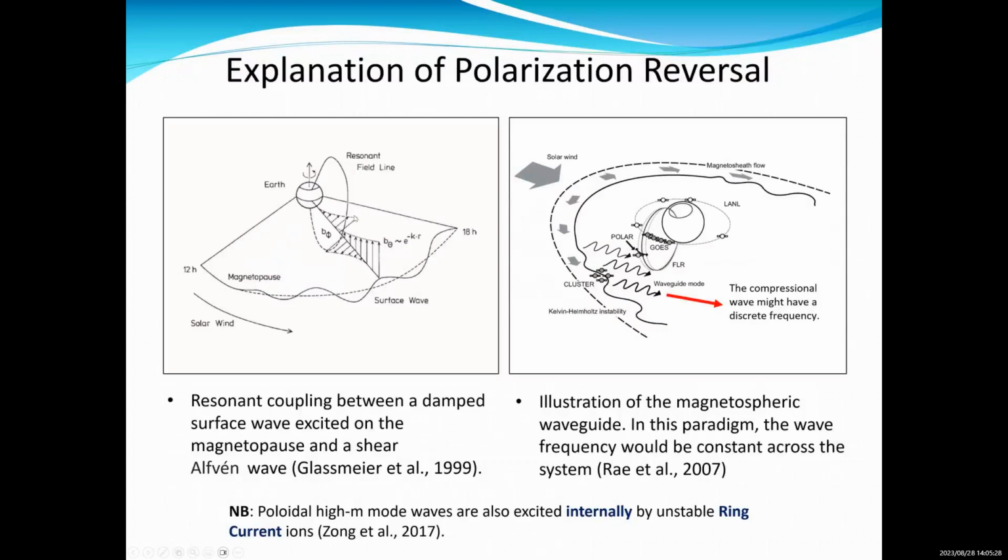There's a change in sign of the amplitude across the resonance. B theta here would correspond to the parallel component of the surface wave magnetic field, but it excites a wave that's largely polarized, has its largest amplitude in the azimuthal component. This is the picture that describes how surface waves at the magnetopause would excite field line resonances, but this is not the only mechanism.